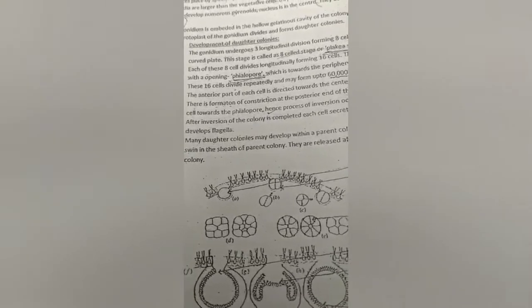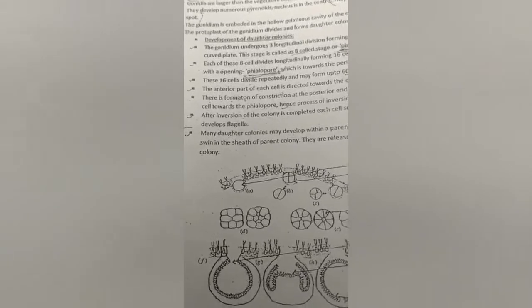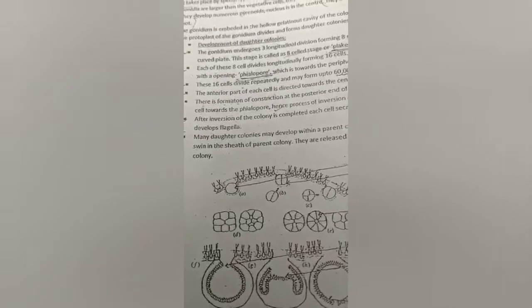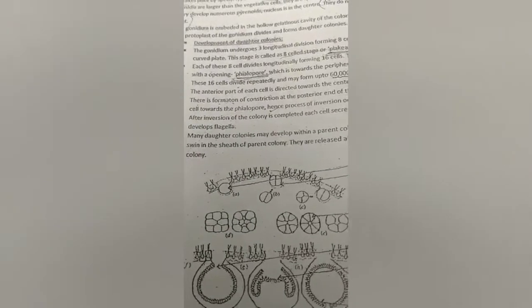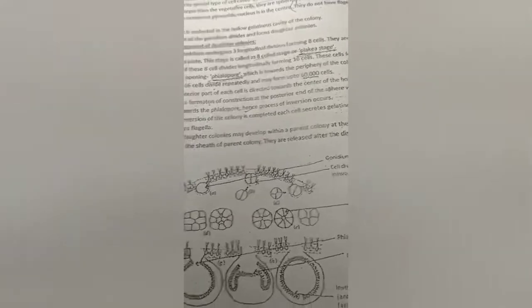These 16 cells divide repeatedly and may form 60,000 cells. The anterior part of each cell is directed towards the center of the hollow sphere. There is a formation of constrictions at the posterior end of the sphere which pushes the cells toward the phialopore, and hence the process of inversion occurs.